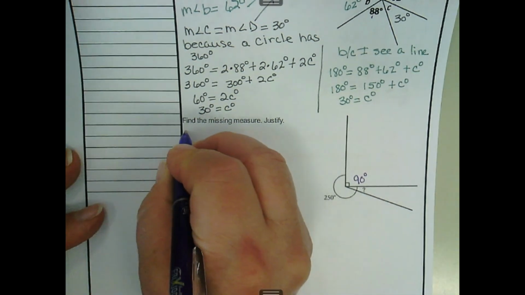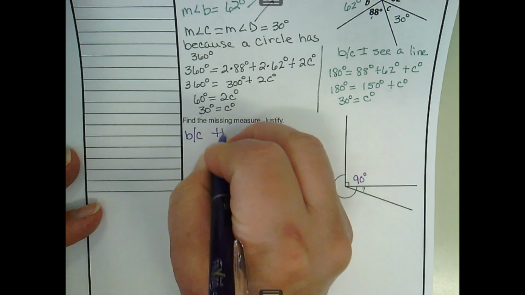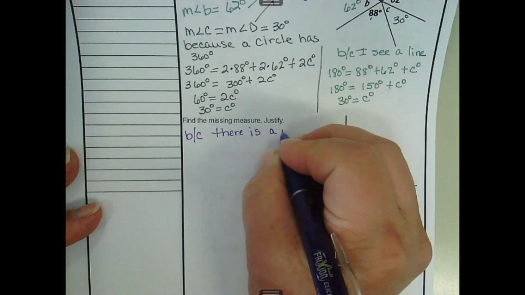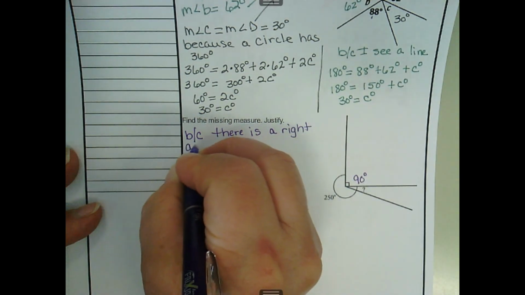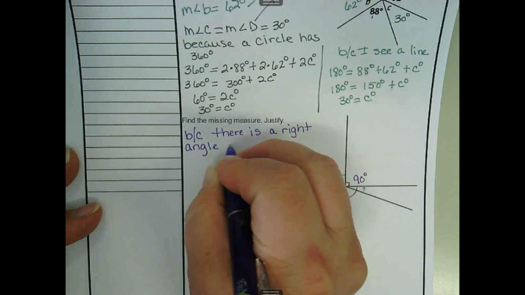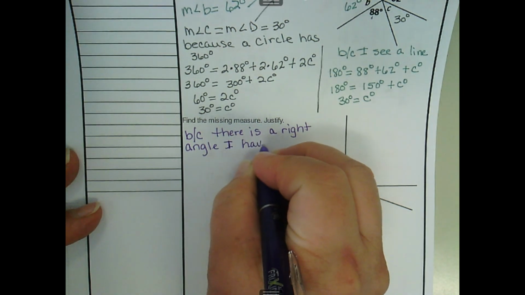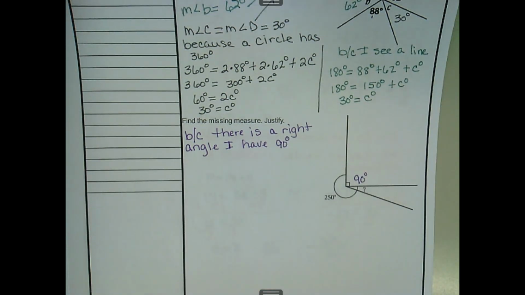So because I'm going to start using B/C, there is a right angle. I have 90 degrees. Okay, so we're starting out, we've got that 90-degree angle.